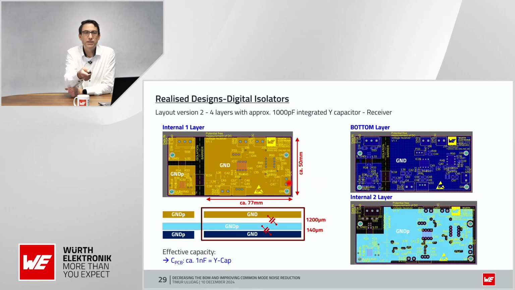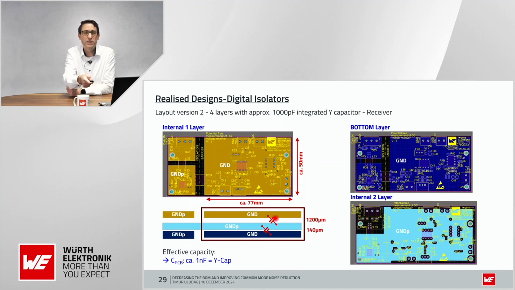As you can see, here we check the receiver, where we have the ground primary, the bottom layer and the internal layer 2. The top layer does not make much sense to show here, because the ones that make the most capacitance are these 3 layers here.